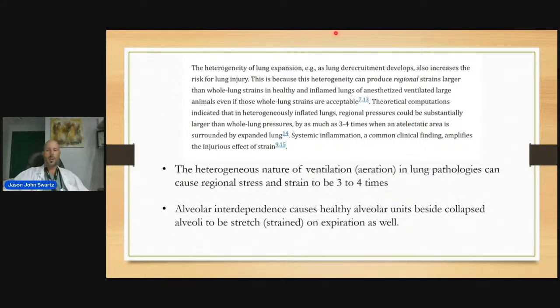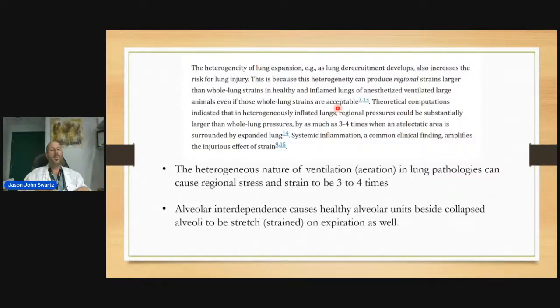And then over here, it's basically what I've already said. I said of the alveoli, let's say, that are taking part, it's not going to be uniform as well. It's going to be certain areas that are receiving more tidal volume, and there's areas that will be receiving less tidal volume.